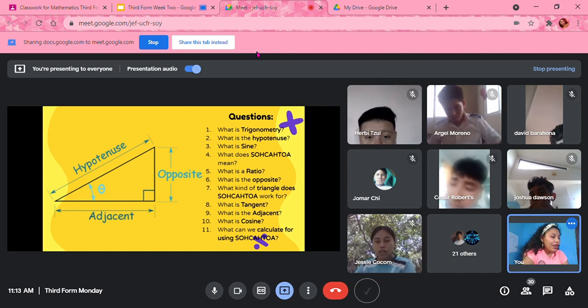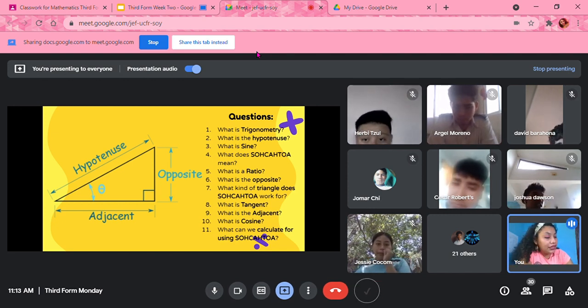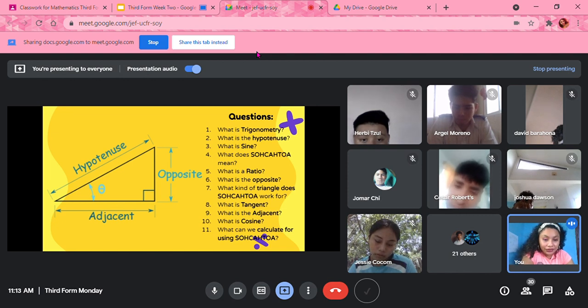So when I was in high school, what I usually did was I wrote SOHCAHTOA at the top of my page. And when I needed to use the formula for sine, I knew that sine is SOH, so that means sine is equal to opposite over hypotenuse. Cosine is CAH, so that means cosine is equal to adjacent over hypotenuse.